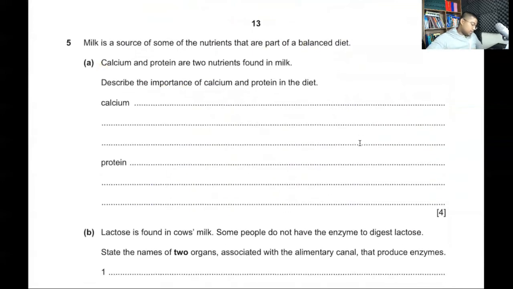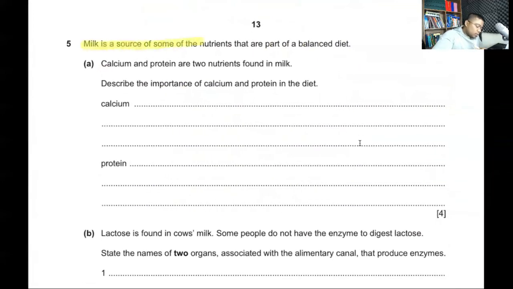Guys, next question. Milk is a source of some of the nutrients that are part of a balanced diet. Calcium and protein are two nutrients found in milk. Describe the importance of calcium and protein in the diet. So guys, calcium is needed for formation of bones.